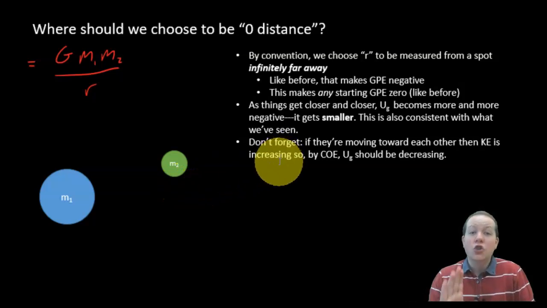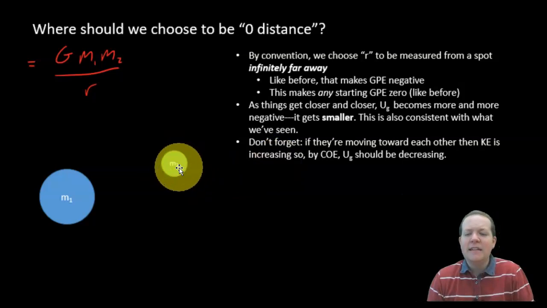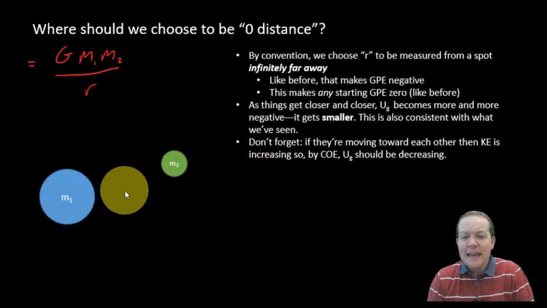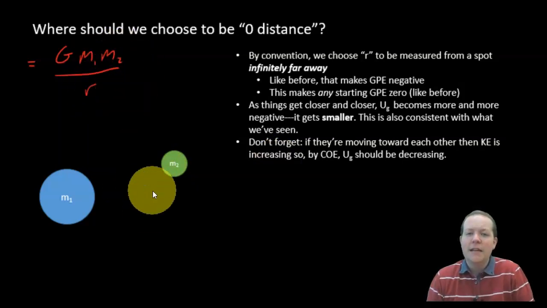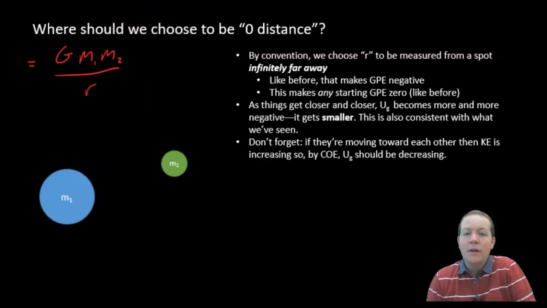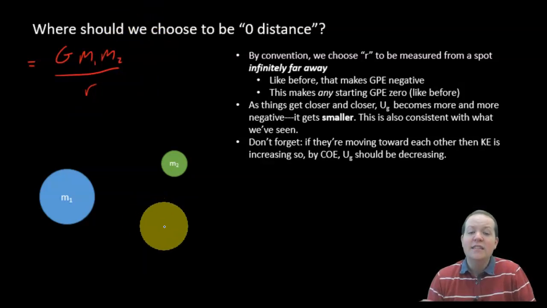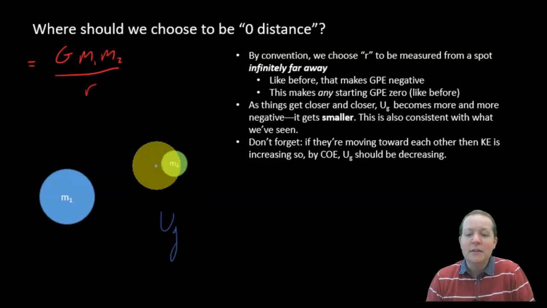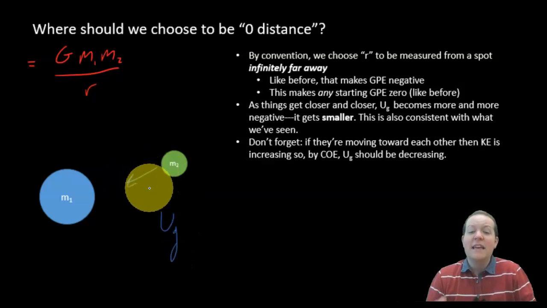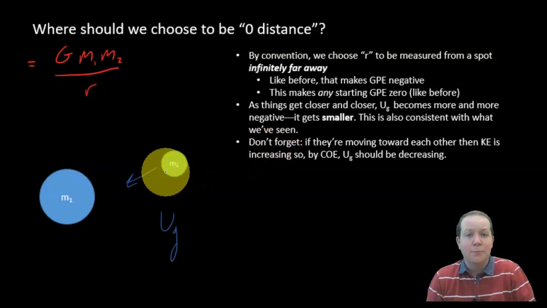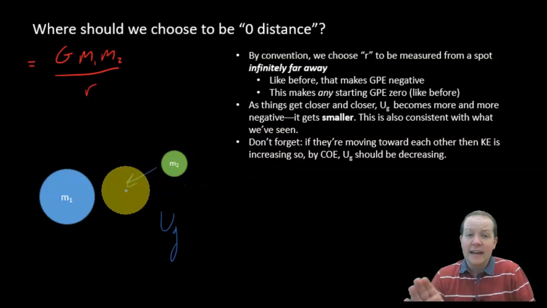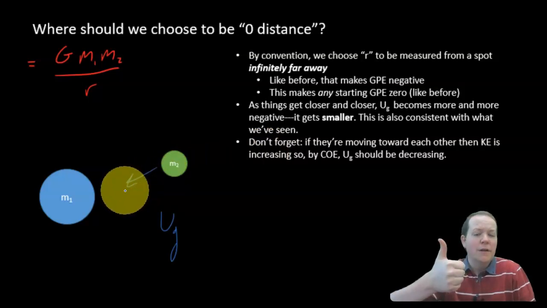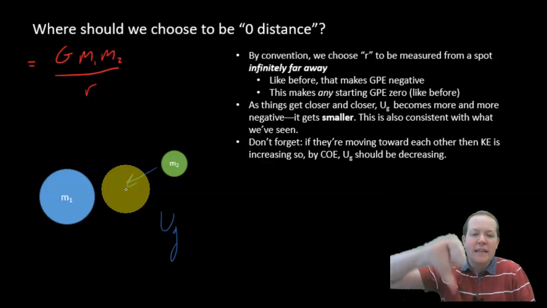And team, just like before, that's actually okay. Because if the gravitational potential energy is getting more and more negative, that means UG is decreasing. And that still makes sense, because if its velocity is increasing as it approaches right before collision, kinetic energy goes up. By conservation of energy, UG should be going down.